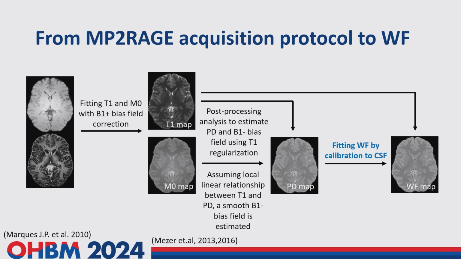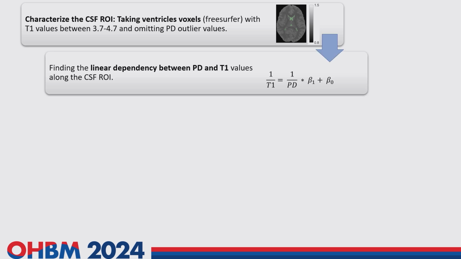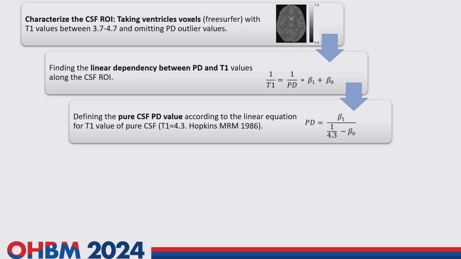So that's some innovation here. The approach is as follows. We first identify the ventricles, and we identify CSF voxels by the T1 values, also omitting values which are just outliers. We then fit a linear regression between 1 over T1 and 1 over PD, estimating two coefficients, B1 and B0. Having that, we can add a known value of T1 in pure CSF.